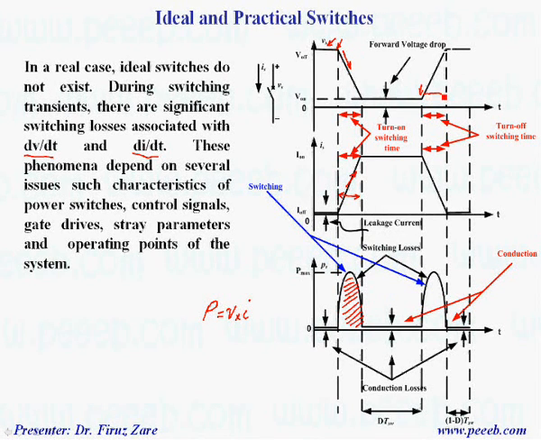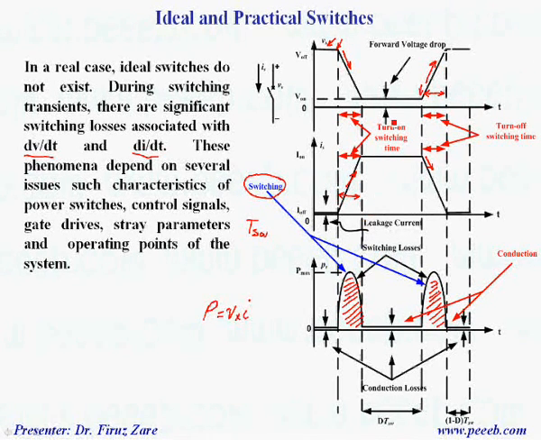Then over this switching time, the voltage across the switch is increasing while the current through the switch is decreasing, and then we have these losses as well, associated with the turn-off state. So this is switching losses. So over one switching cycle, which is defined as TSW, we have one turn-on and one turn-off loss.